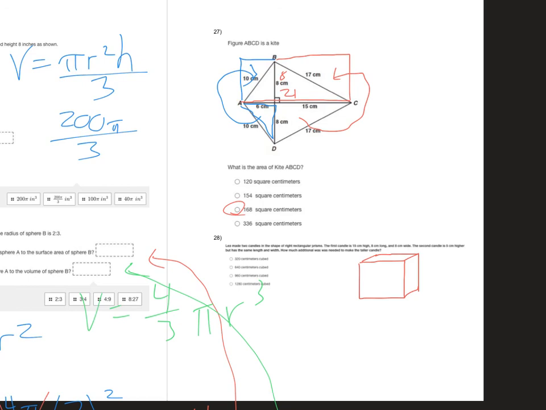The extra chunk is 5 centimeters taller, and then it still has the same length of 8 and width of 8. So that's the extra chunk. I don't care about the first 15 centimeters of height at all. So I'm going to multiply that all together, 5 times 8 times 8, and I think I'm going to get 320 if I did my multiplication correctly there.